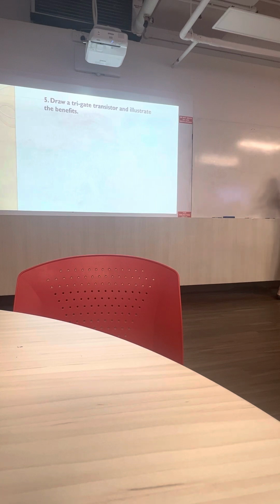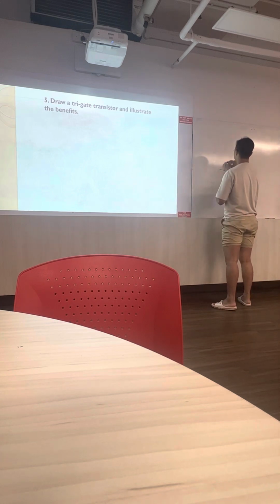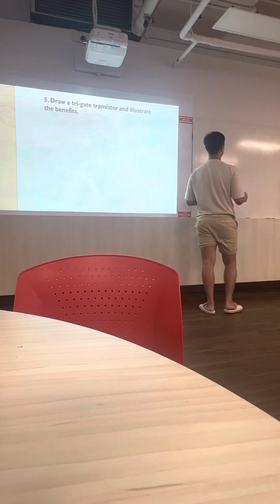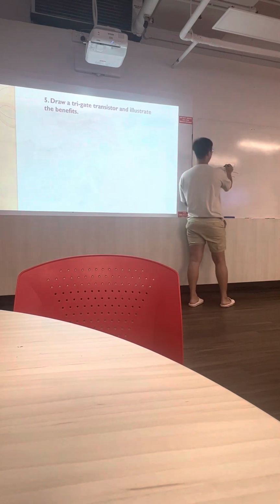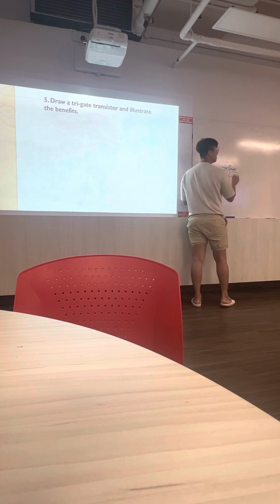I never tried. What's the impression? Doesn't matter. It's just an impression. Impressionist, you know art. Okay, let's try. So this is my MOS. Now the gate comes from here, here, three-dimensional, try it.